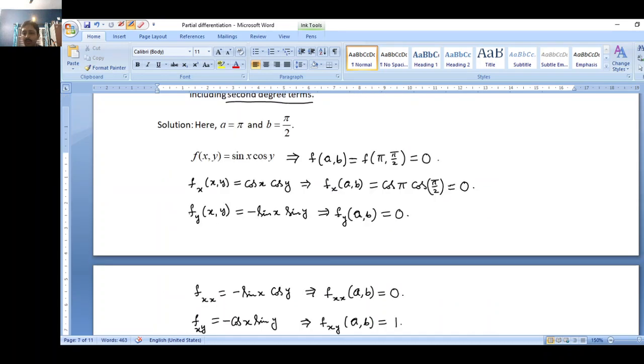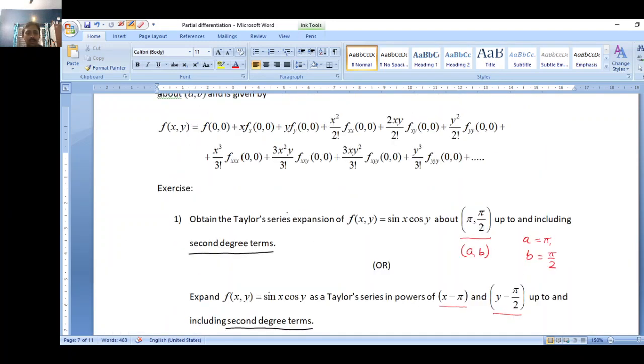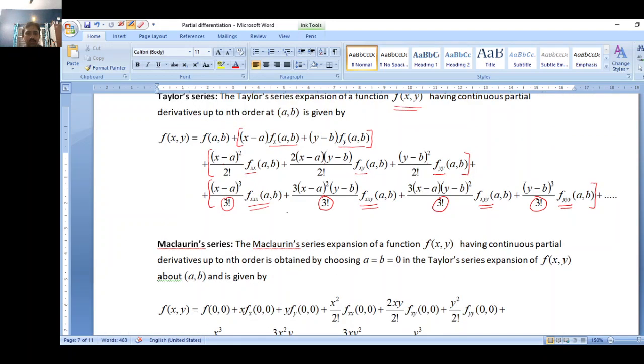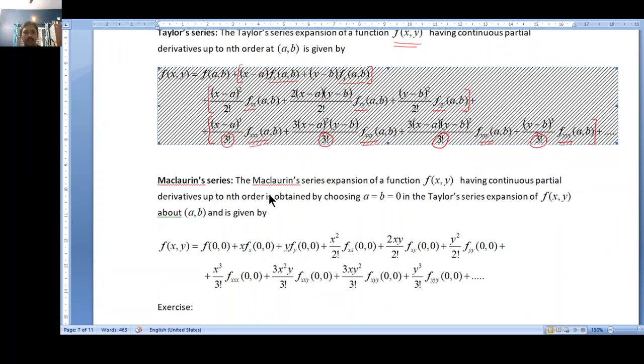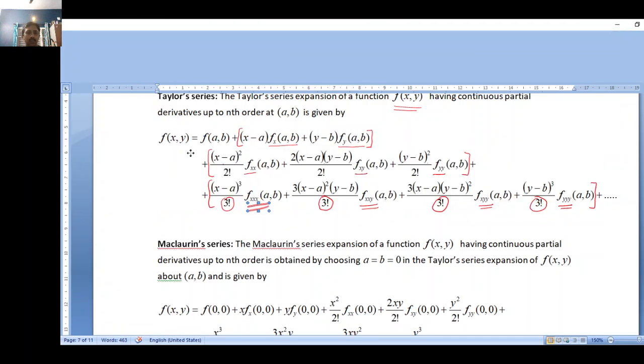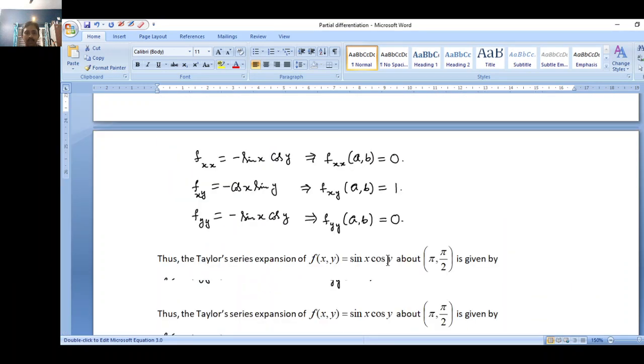First of all, for your reference, I'll just copy down this expression for you so that I can substitute terms in an easier way.